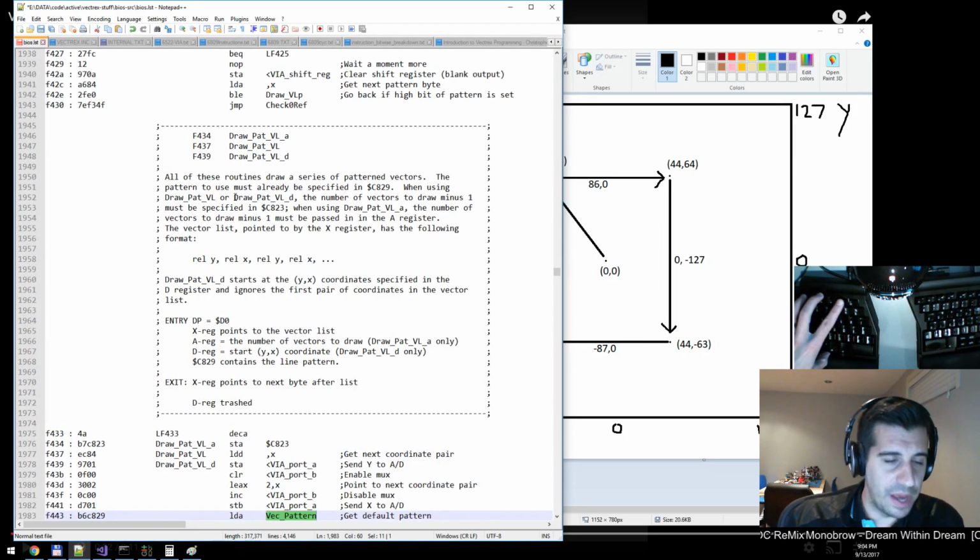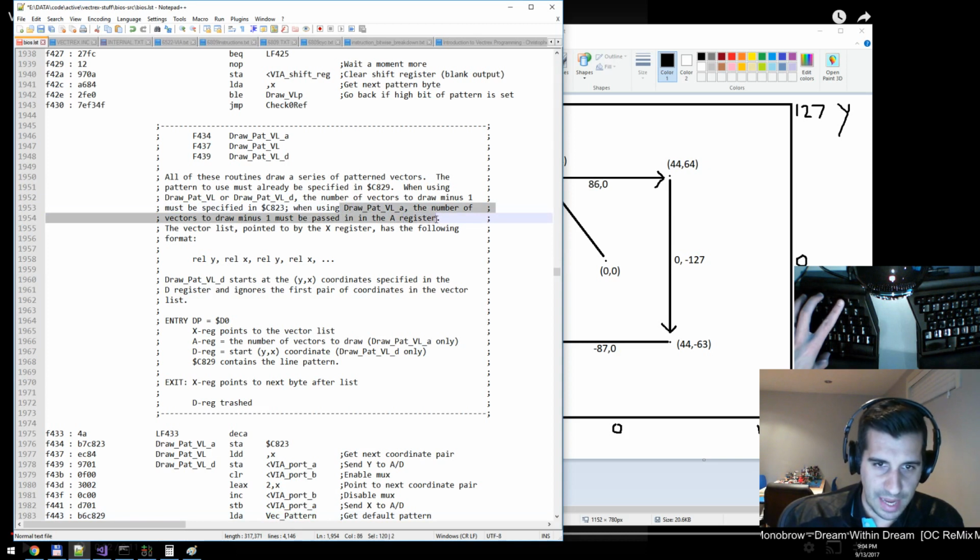when using draw pattern VL or draw pat VLD, the number of vectors to draw -1 must be specified in C823. When using draw pat VLA, the number of vectors to draw -1 must be passed in the A register, which is what we saw is actually happening for us above. And the vector list pointed to by the X register has the following format.